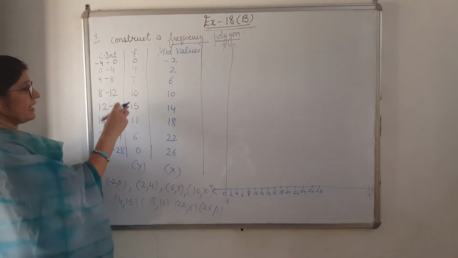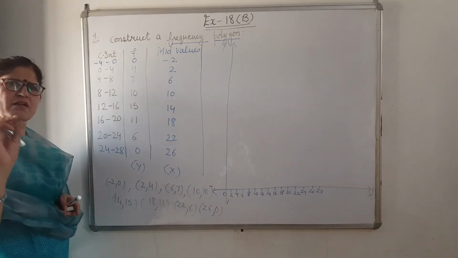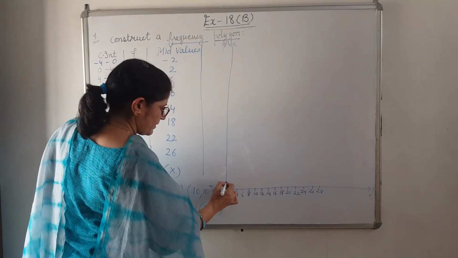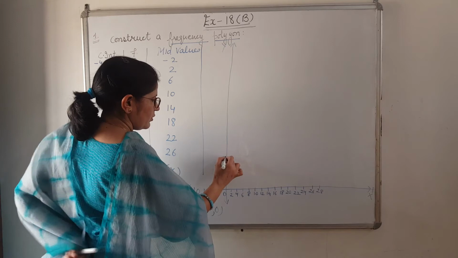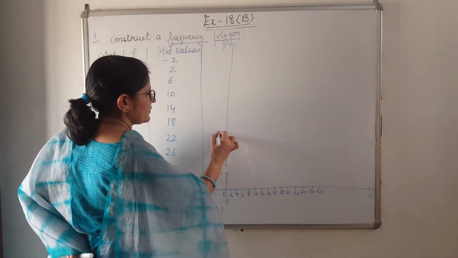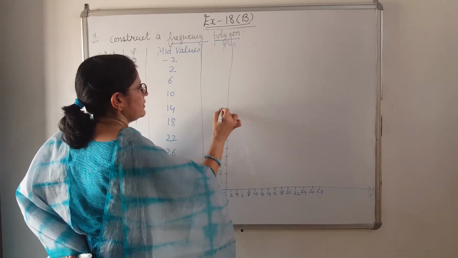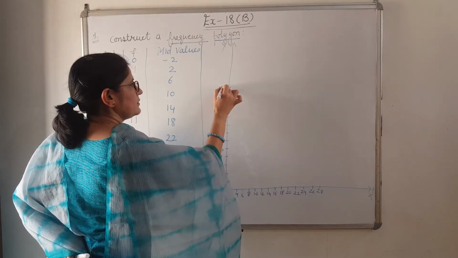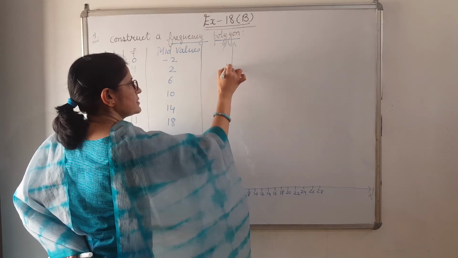And for frequency, the highest number is 15. So here also it is better to take 5 boxes equal to 1. So 1, 2, 3, 4, 5, 6, 7, 8, 9, 10, 11, 12, 13, 14, 15 and 16.